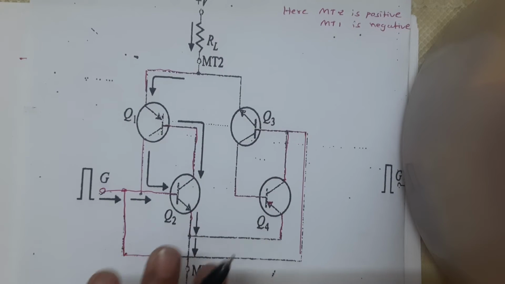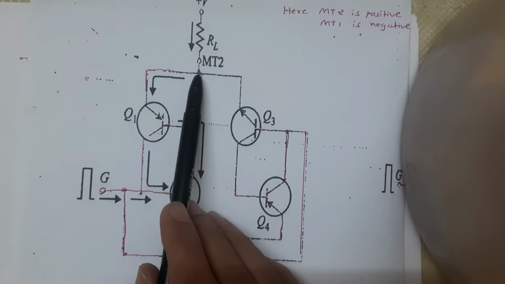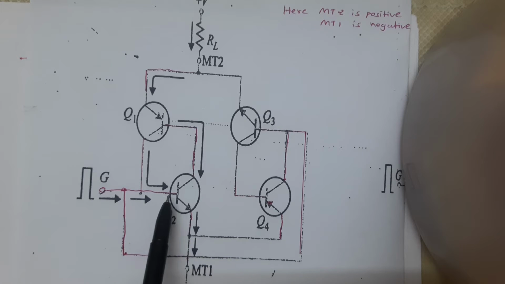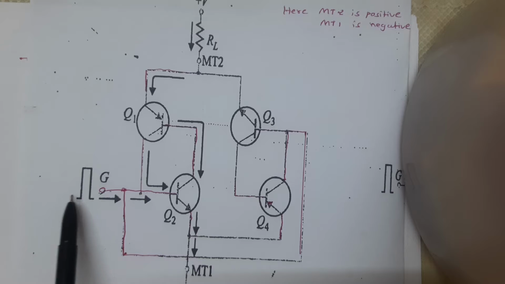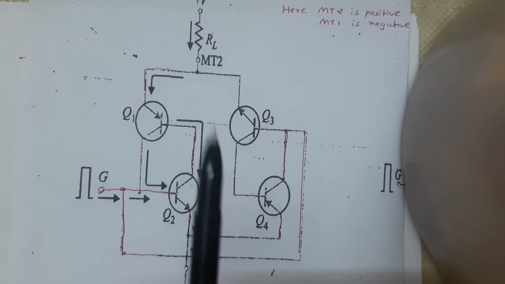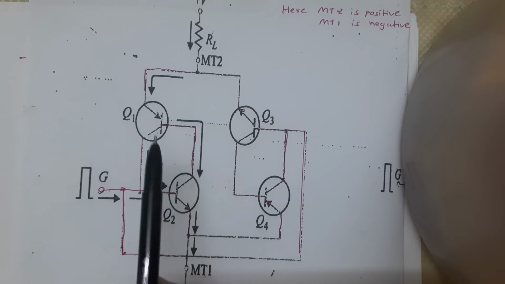This is your Q1, Q2. This terminal is your MT2, and the last one is your MT1. And this is our gate. We have to apply the signal through the gate, a positive terminal here and a negative terminal here, and we discuss this circuit.